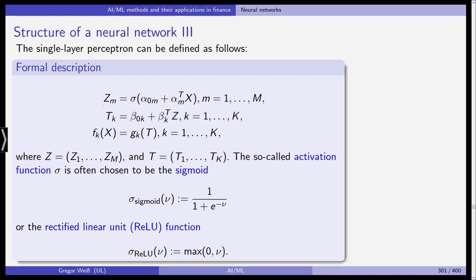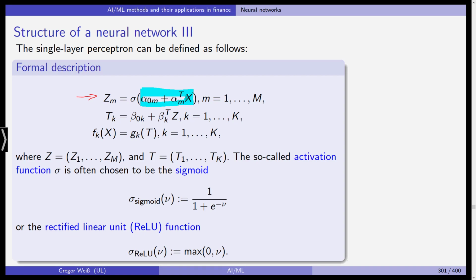We start out with the hidden layer. That's the hidden layer in this line. What we are doing is we are using the features x. These are observable. We combine them linearly. The intercept in this case is called a bias, and the regression coefficients are called weights.